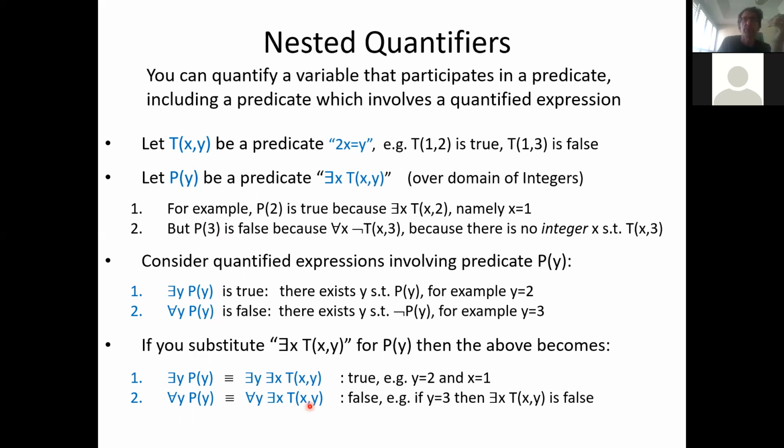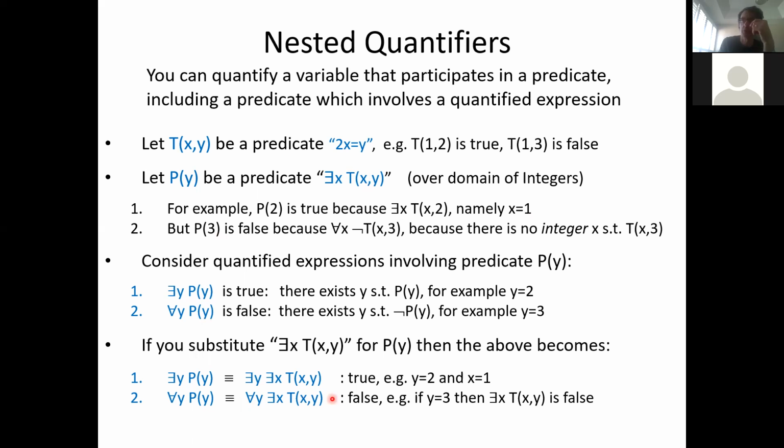Going backwards, if you see an example like this, you have some predicate like this one, and you're supposed to evaluate the truthfulness of the following statement: for all y, there exists an x such that this predicate holds.